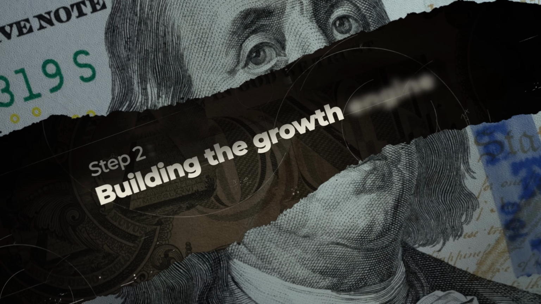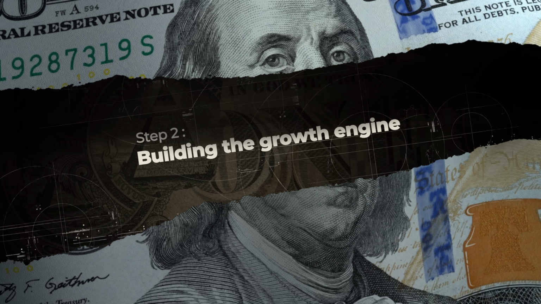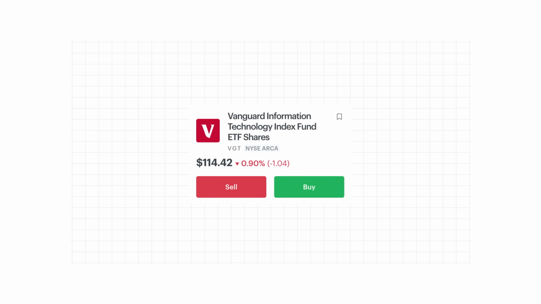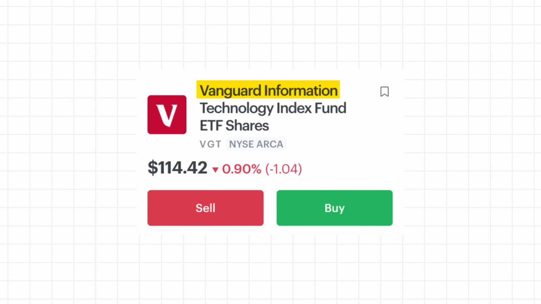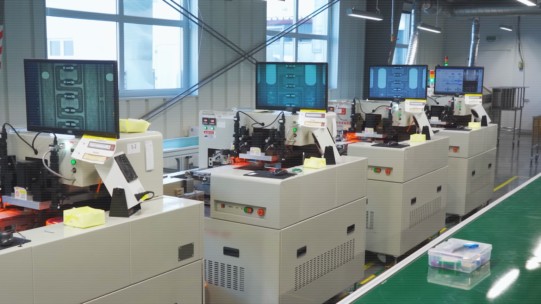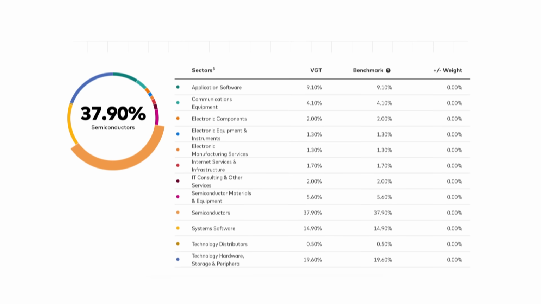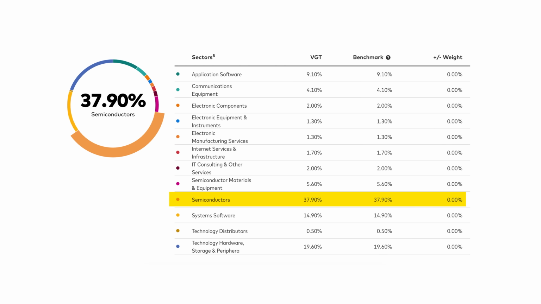Step 2. Once your core portfolio is built, next we move to the growth engine, where you can deploy 15% of your funds. This can be done in ETFs like VGT, which is the Vanguard Information Technology ETF. Now this ETF has 323 stocks, within which the highest contribution is towards semiconductors. And semiconductors is a huge growth area globally, as we know. 38% of the exposure in this ETF is towards semiconductors.